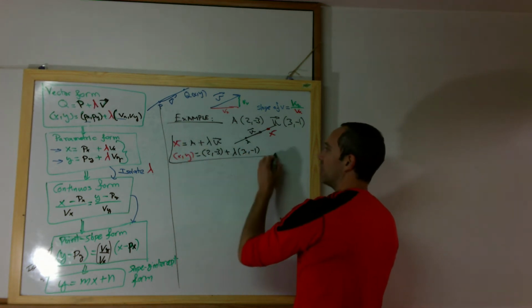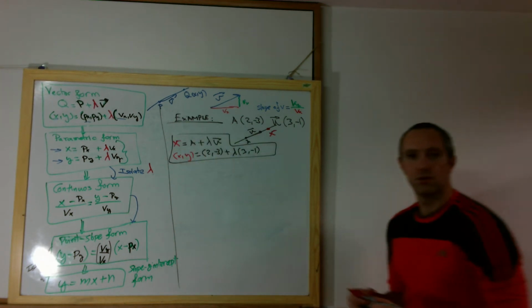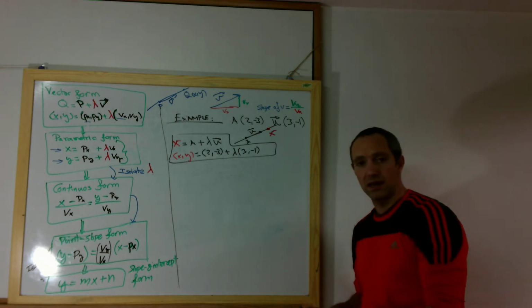So this is the vector form of the straight line.